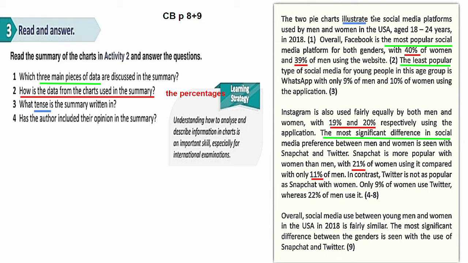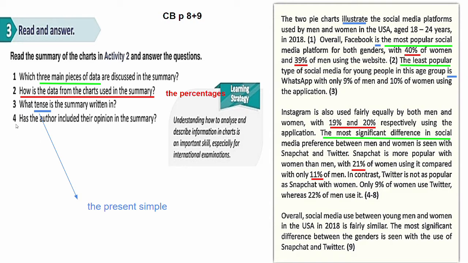So there is no addition here with a plural subject. Also, we have Facebook is, and this is the auxiliary be. Also, we have another is, which is the auxiliary be. This means that the tense used in this summary is the present simple.